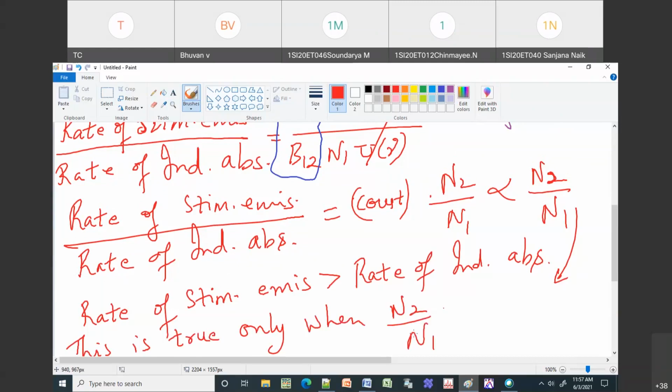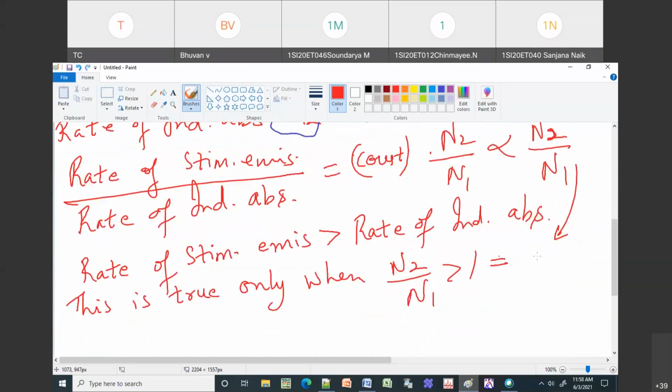Then your right hand side is greater than 1, so then you can have a rate of stimulated emission greater than rate of induced absorption. Okay, so this is how you can get this. So for this to happen, the condition is that N2 should be greater than N1. Okay, so this is the condition you need to satisfy.